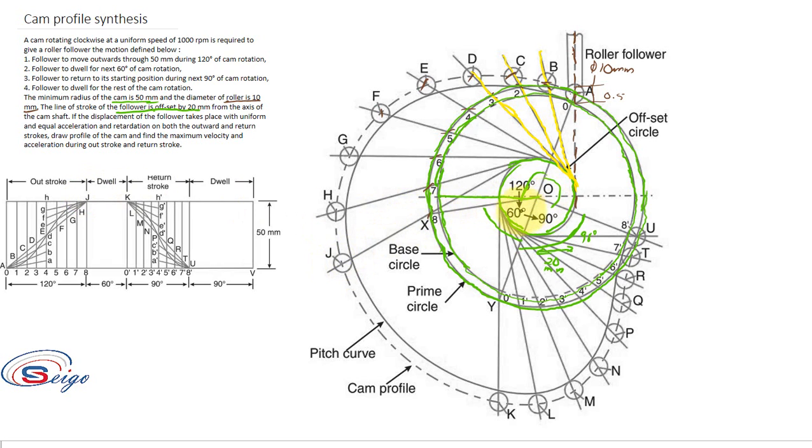After the dwell, so here it will be dwell. Up to this much of portion it is dwell. So after the dwell, 0-K, mark K here.